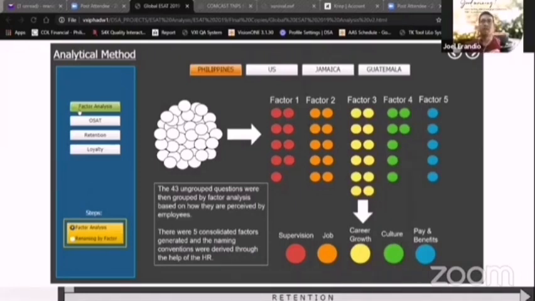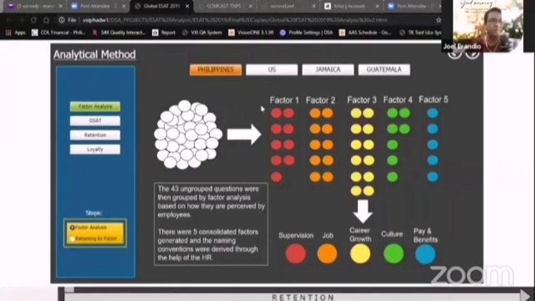Because if we have 10 groups of sets of questions, let's say group 1 talks about pay, group 2 about the environment and so on, in modeling, having that number of parameters increases the error. That is why we use dimension reduction to minimize the error.